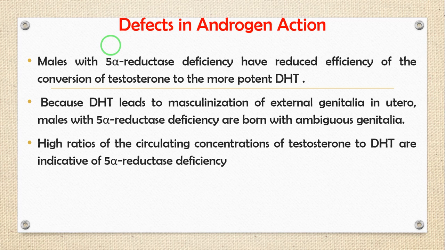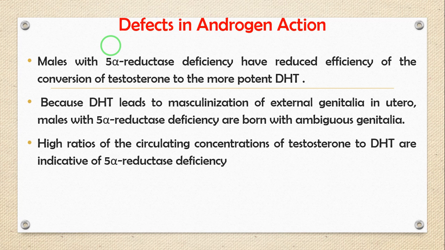So if we have a defect in the enzyme that converts the testosterone to the more potent dihydrotestosterone, which is the 5-alpha reductase, if we have a certain mutation that affects the level of this enzyme, this will lead to a defect in androgen action, and the baby will be born with ambiguous genitalia. It is not very clear whether he is male or female by looking at his genitalia. And why? Because dihydrotestosterone is very important for the differentiation during embryogenesis.